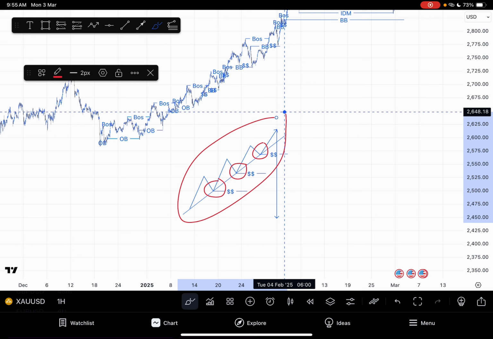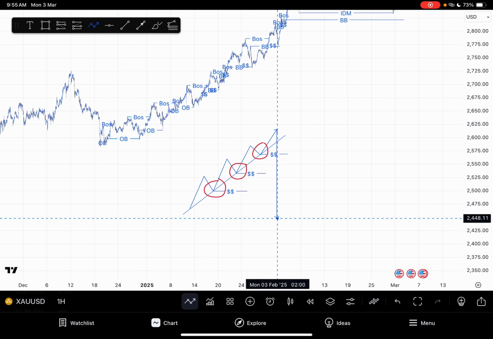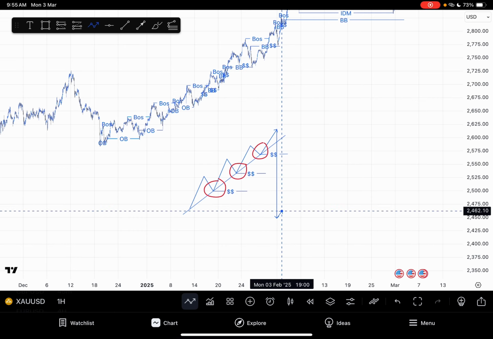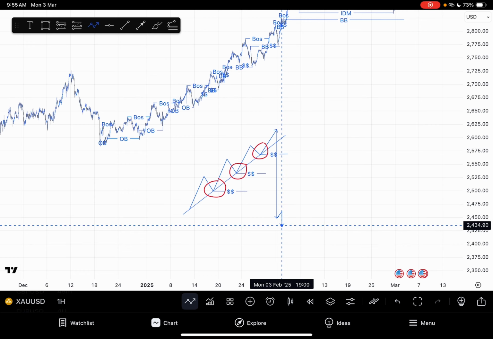That's a liquidity sweep. So now, after the liquidity sweep, what next? You see price now move in this direction. First of all, you see a candle just like this. You see a pullback first, then you see price move to the downside.